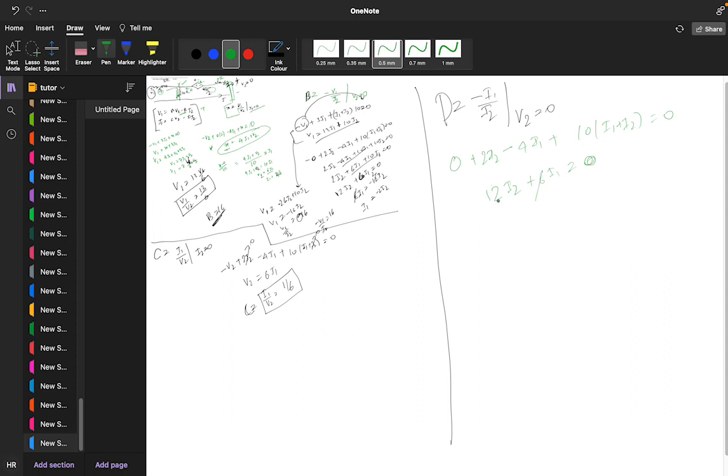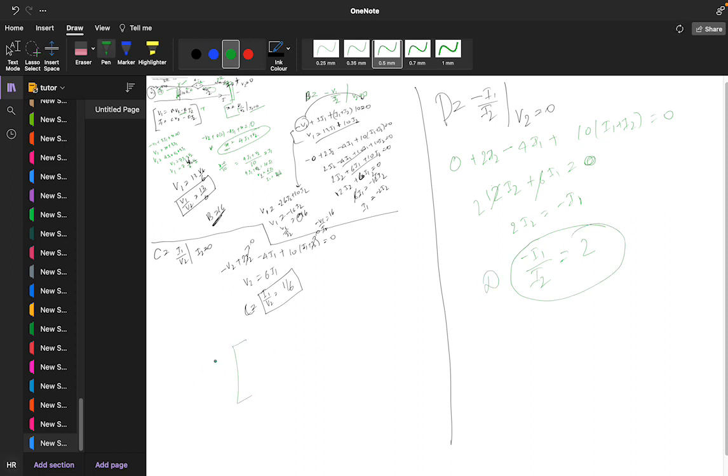So you are getting 2 I2 is equal to minus I1. So you need to find the value of minus I1 by I2. Minus I1 upon I2, you are getting 2. So this is the value of D.